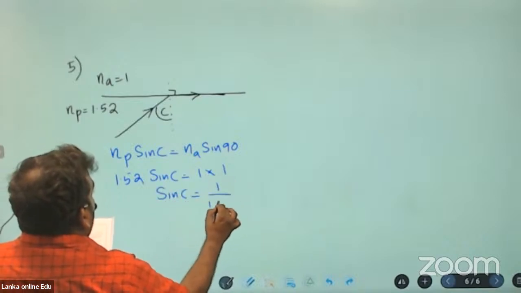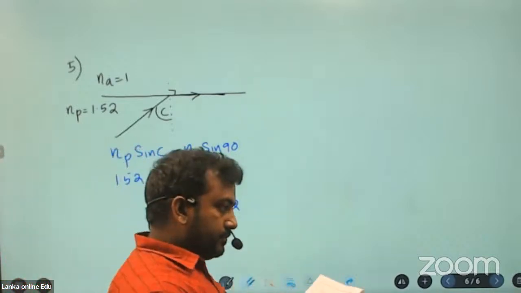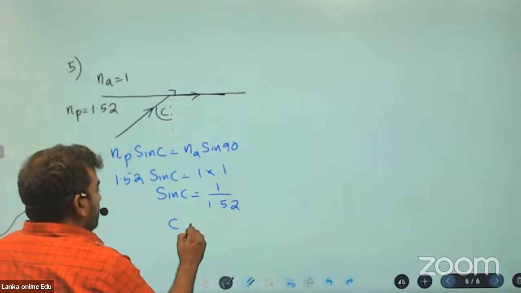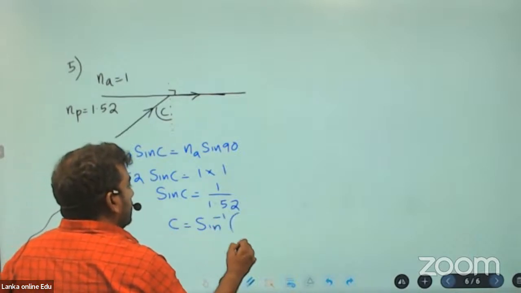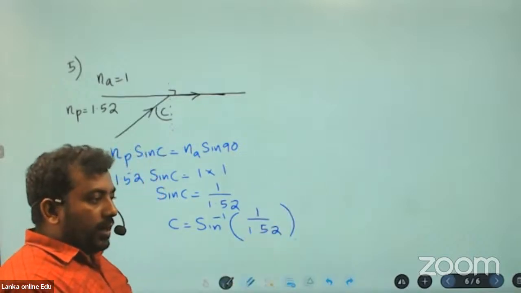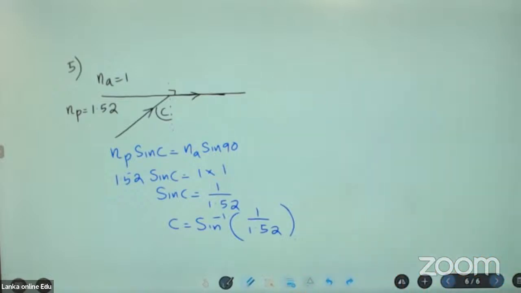Sin C is 1 over 1.52. C is equal to sin inverse of 1 over 1.52.